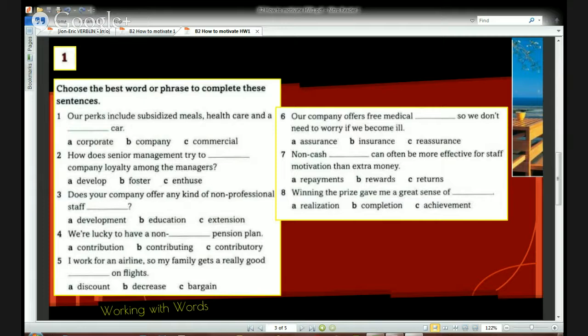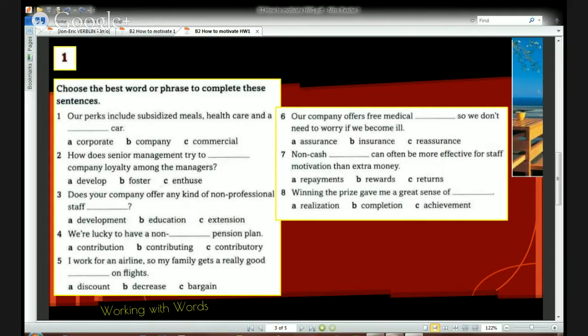Okay, Jason. I have a question. Go for it. In this class, we learned the word perk, but in the dictionary, the proper form of this word is perquisite. Could you write it in the chat window? Perquisite is the abbreviation of perquisite.